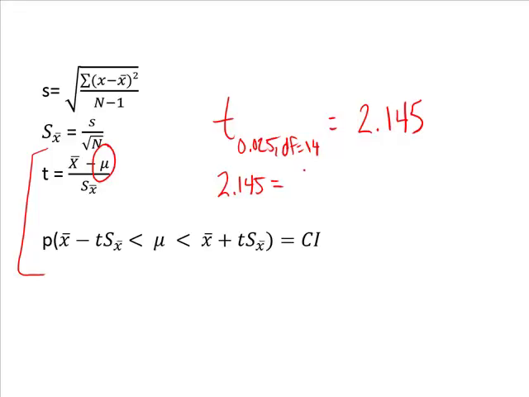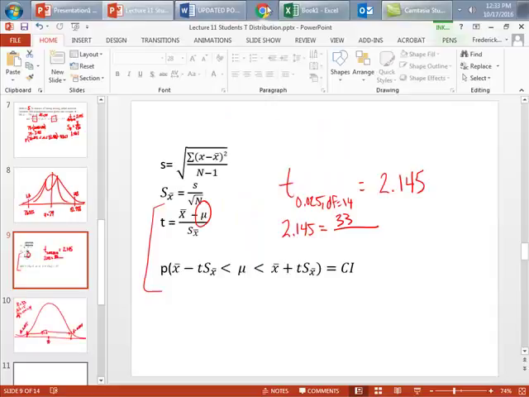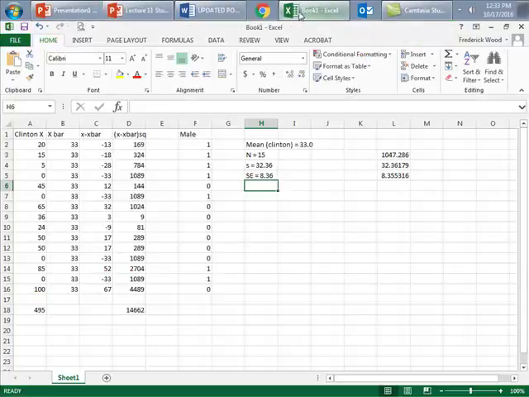I know what my x bar is. That was 33. I know what the standard error of my sample is. That was 8.36.